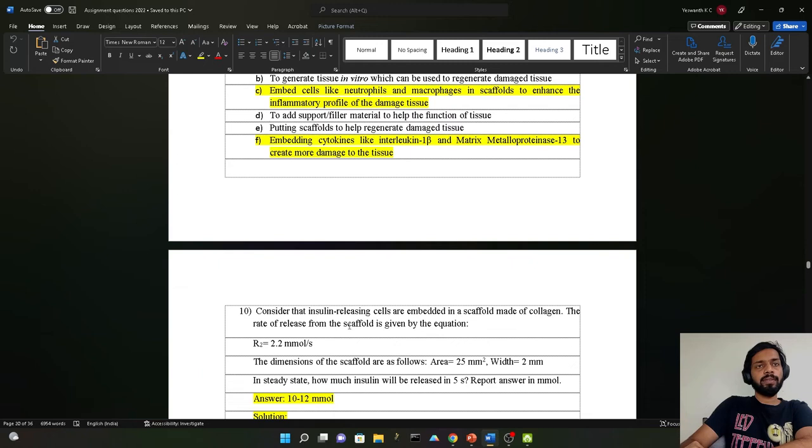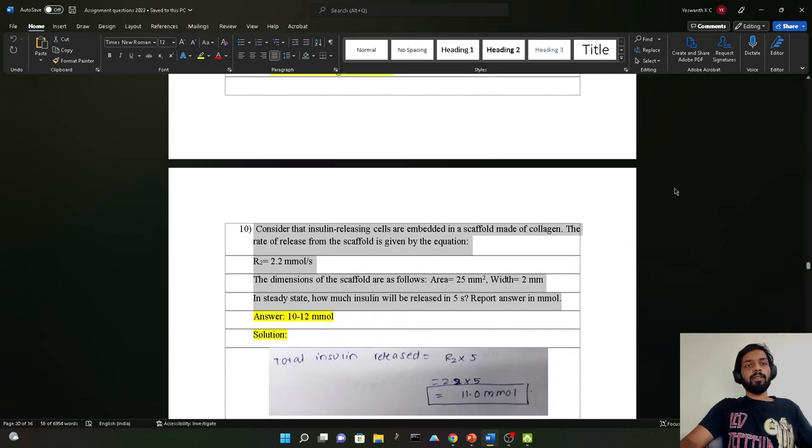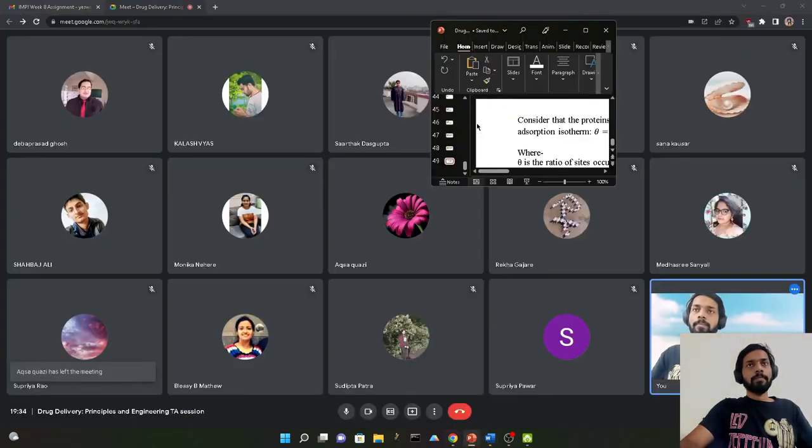The rate of release from the scaffold is given by the equation R2 is equal to 2.2 millimoles per second. The dimension of the scaffold. Okay, fairly straightforward question. Let me copy this and paste it.